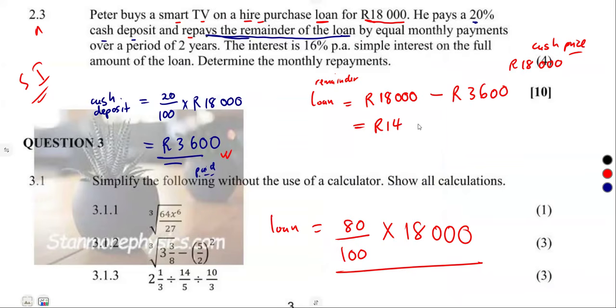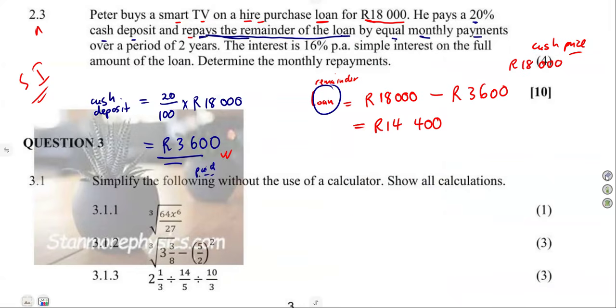So we've got 14,400 like this. This is the loan which is to be repaid. He repays that by equal monthly payments. It's not about the hire purchase of the television. No, it's the loan to be repaid.